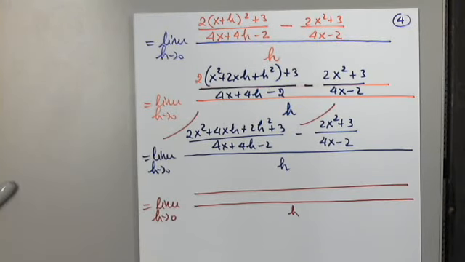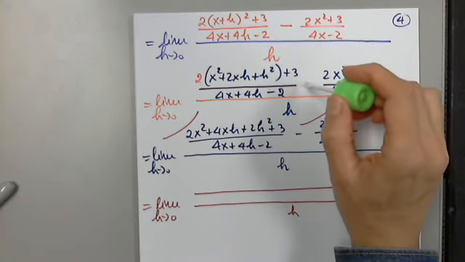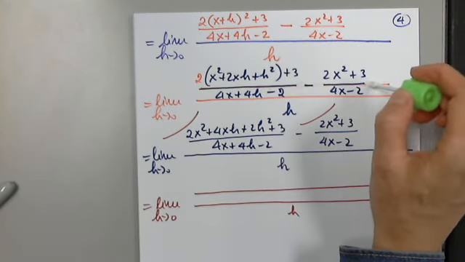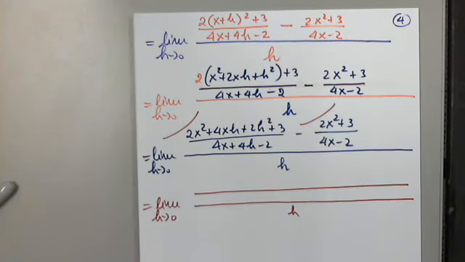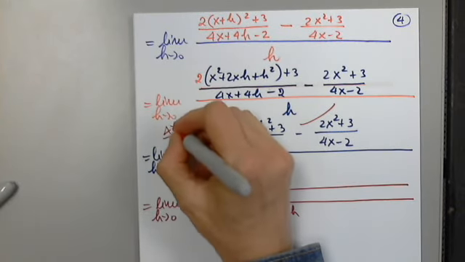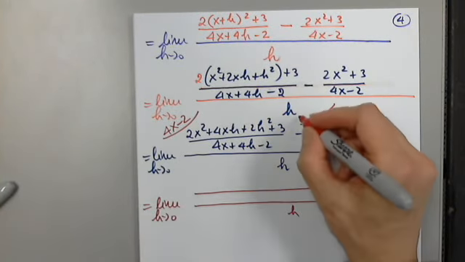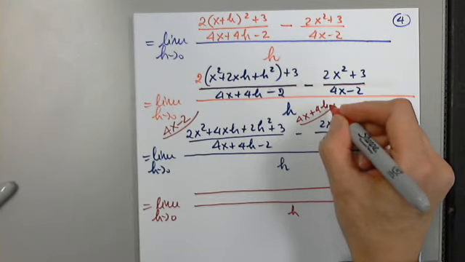Least common denominator. Gotta cross multiply. I like to say that for proportions, but I know what you mean, and I know they say that in high school. So this will get a 4x minus 2, and this will get a 4x plus 4h minus 2.